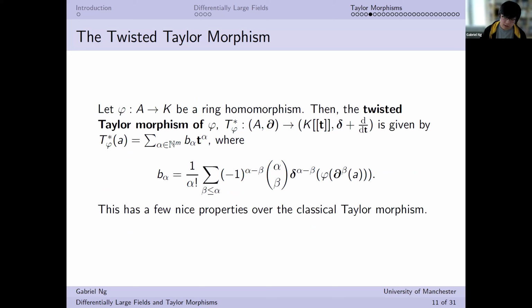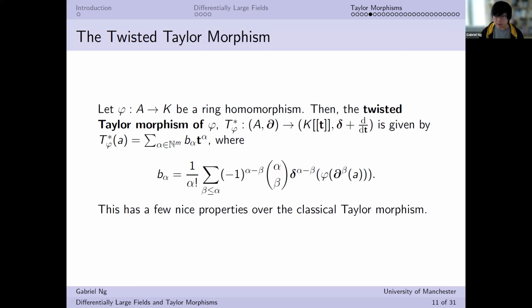And we can construct this twisted Taylor morphism, which we denote by T star. So if we fix a ring homomorphism phi from A to K, then the twisted Taylor morphism of phi is given by this formula. So it's the series where the coefficients are given by this alternating binomial sum.